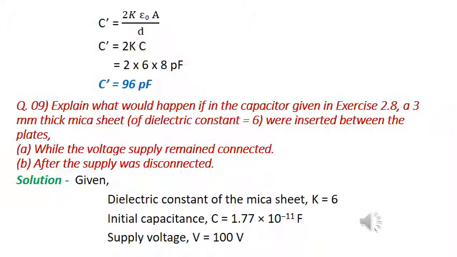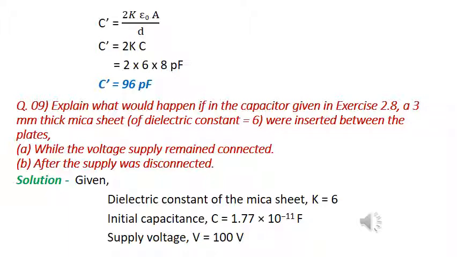Next is question number 9. Explain what would happen if, in the capacitor given in exercise 2.8, a 3 mm thick mica sheet of dielectric constant 6 were inserted between the plates while the voltage supply remained connected, and after the supply was disconnected.